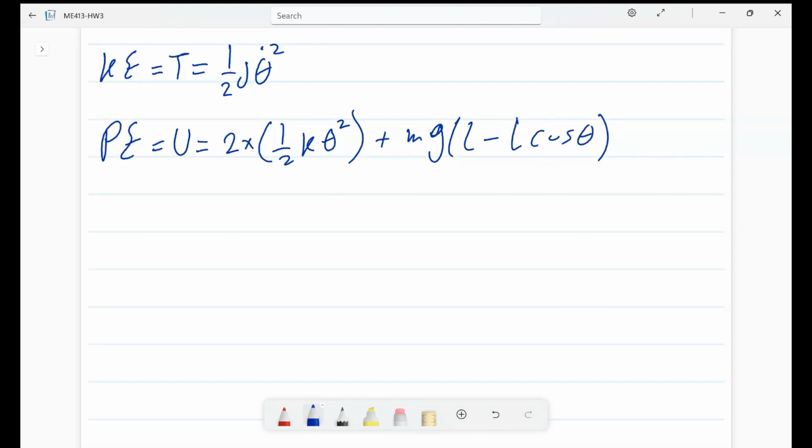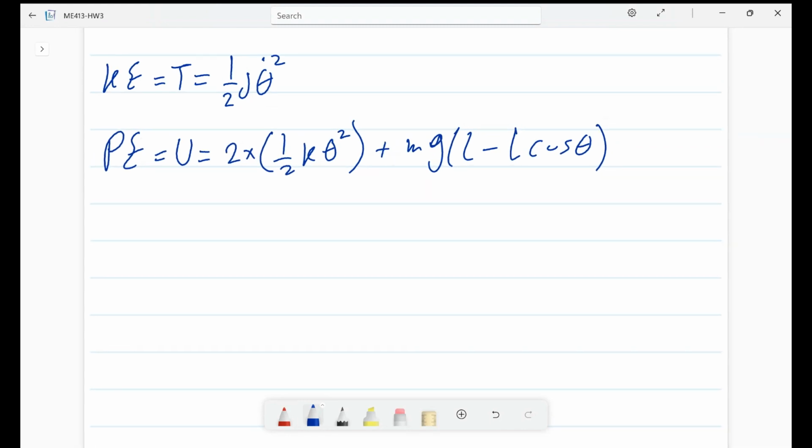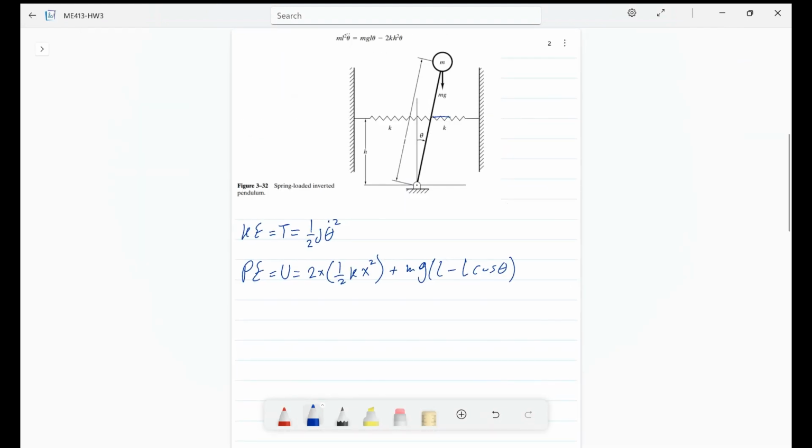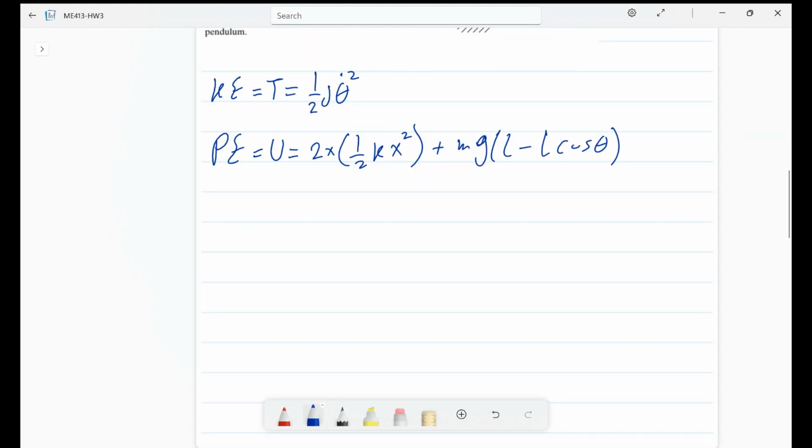For the sake of consistency, we will go with the theta coordinate, so we will eliminate anything that is related to the x coordinate. Sorry, this should be not theta, this should be x squared, because the spring is displacing in the x direction, not the theta direction.